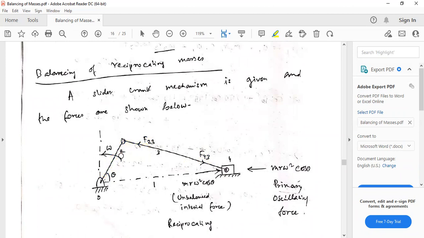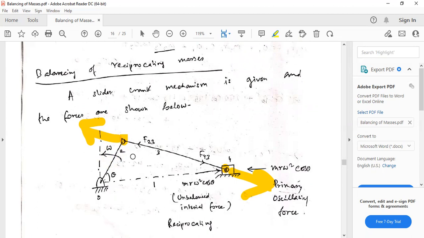Link 2 is moving in this direction, which is pulling link 3 in this direction. So their I center, or instantaneous center, is here, and the force between them can be taken as passing through the I center of these two. Similarly for 3 and 4, the I center is here. So the force will pass through their instantaneous center of rotation.